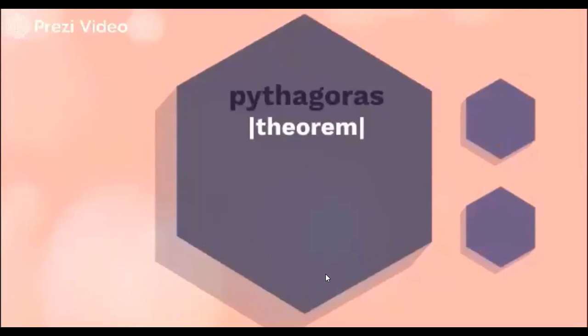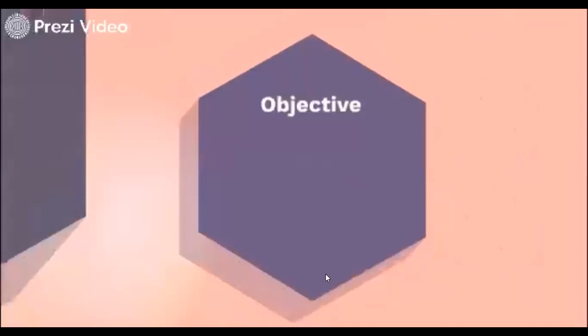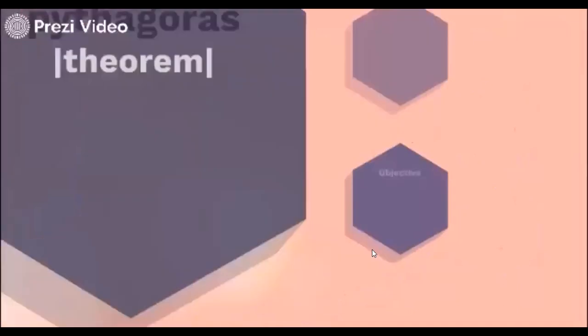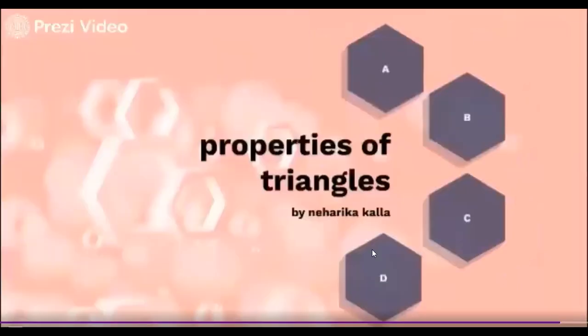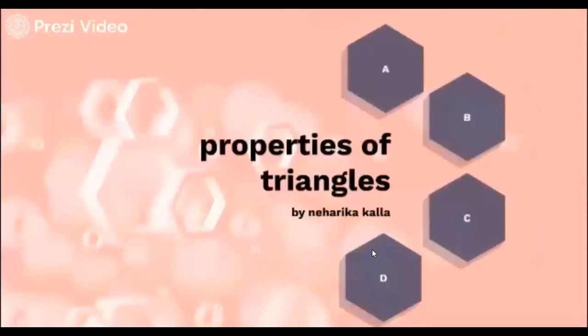So, by the converse of the Pythagoras theorem, triangle ABC is a right angle triangle. Next, Pythagoras triplet. A Pythagorean triplet is a set of three positive integers where the sum of the squares of the first two is equal to the square of the third number.